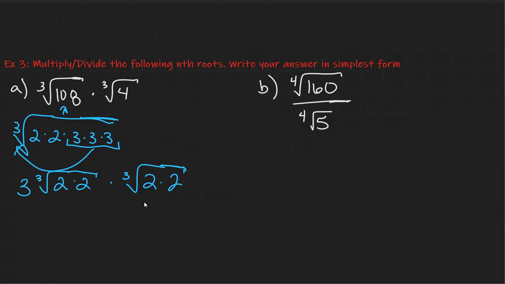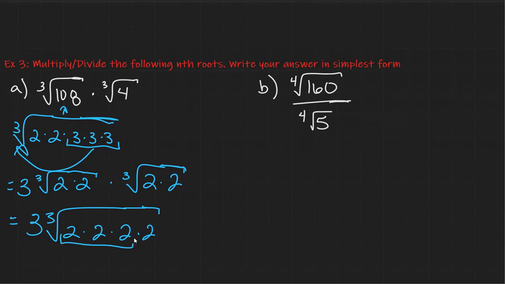So now I have 2 cube roots with the same index. You can only write them under the same radical if they have the same index. If this was a cube root and this was a fourth root, we couldn't do it. So it's the cube root of 2 times 2 times 2 times 2.